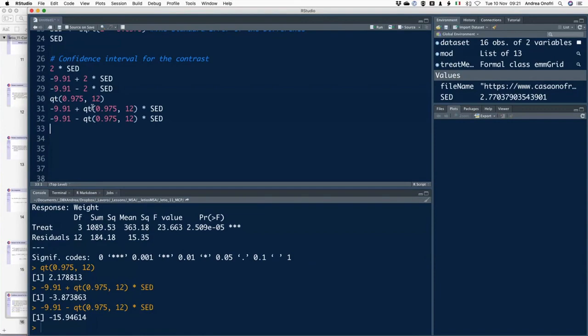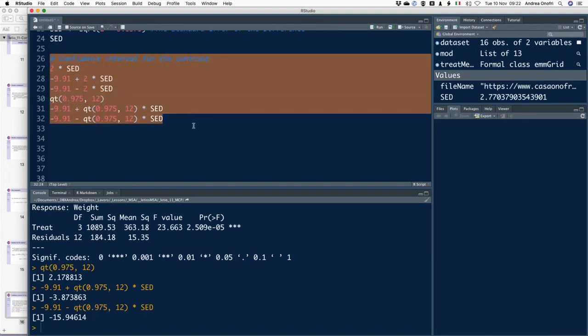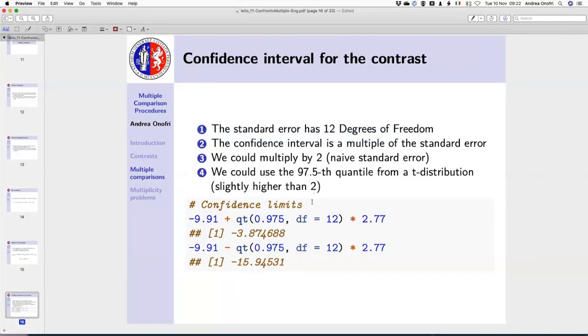So again, with very high probability, the interval is strictly negative. That means the difference presumably is not zero, likely is not zero. So this is the code to calculate confidence intervals for the contrasts. And I'm passing that to you. And it's also written in the slide here.